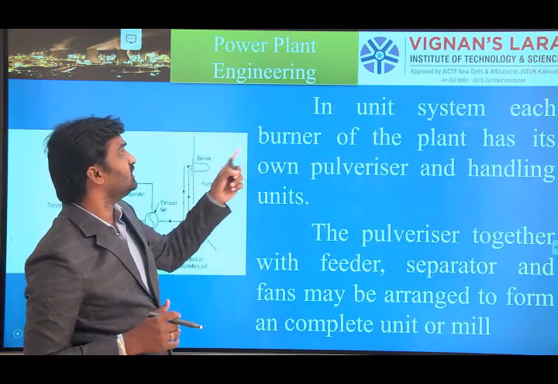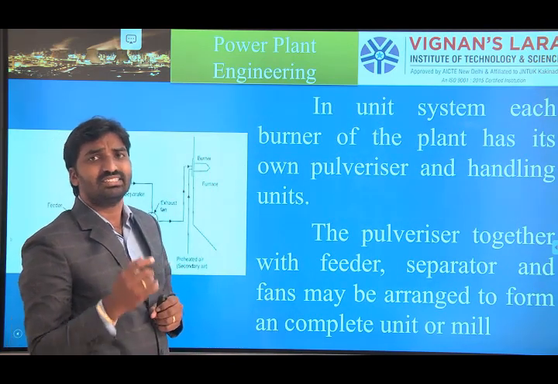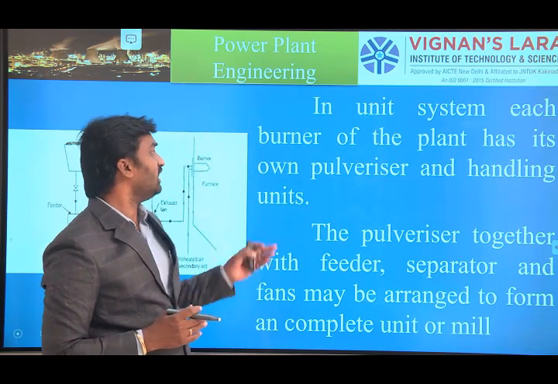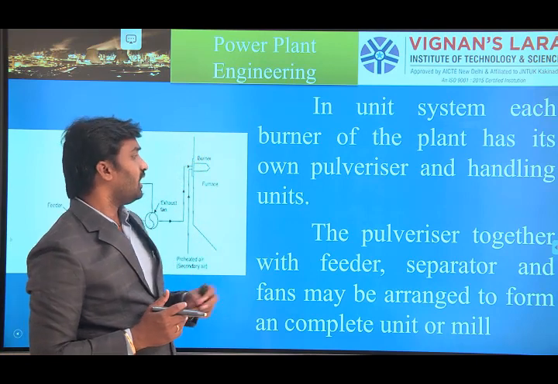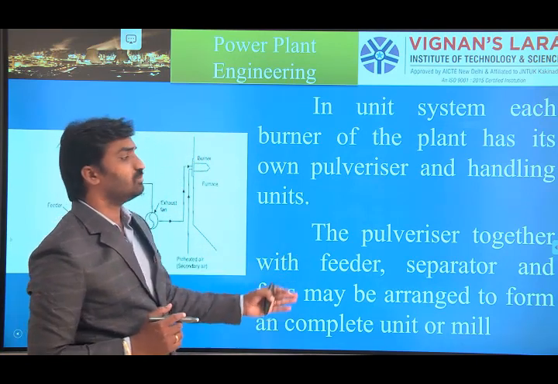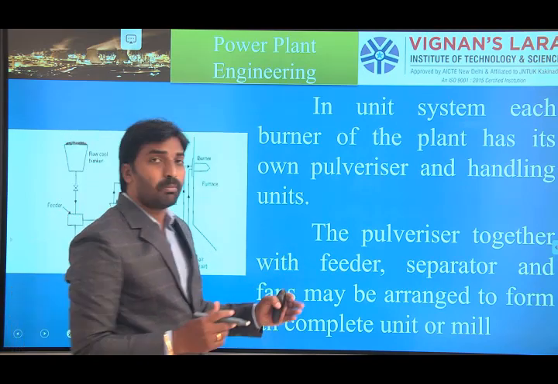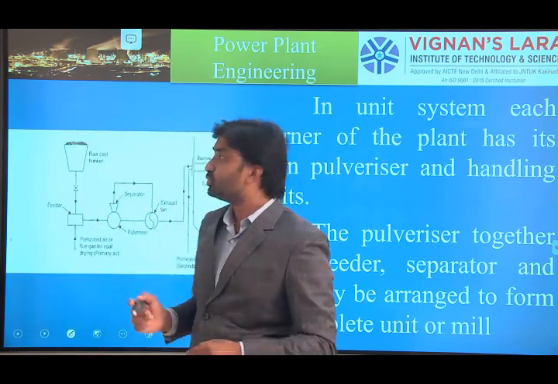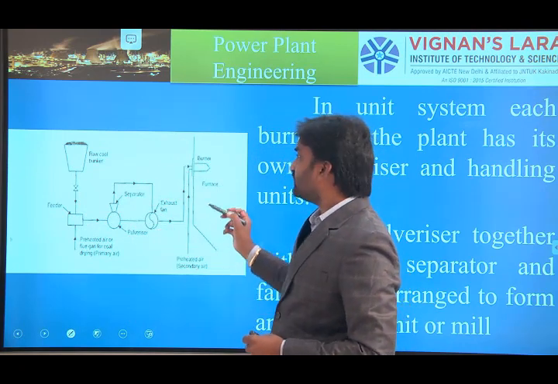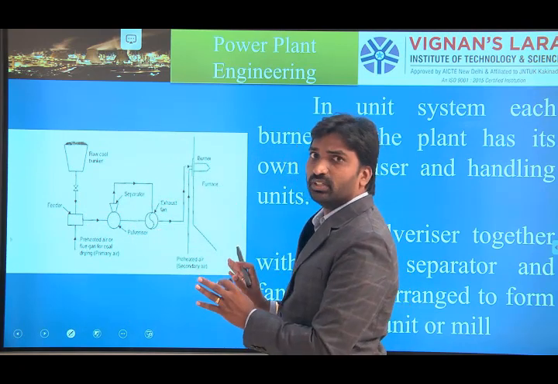In a unit system, each burner of a plant is directly connected to the pulverizer and handling units. The pulverizer together with a feeder, separator, and fans may be arranged in the form of a complete unit or mill.